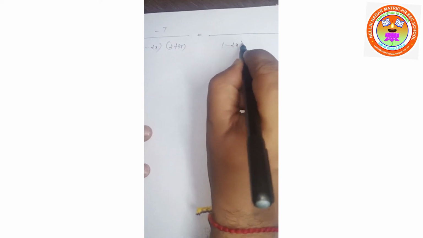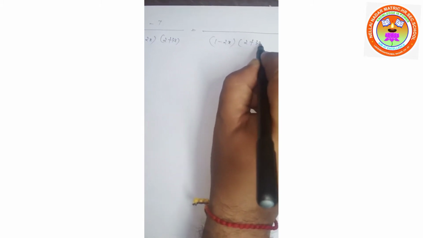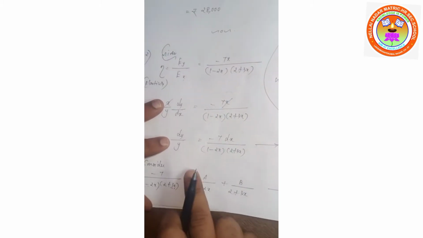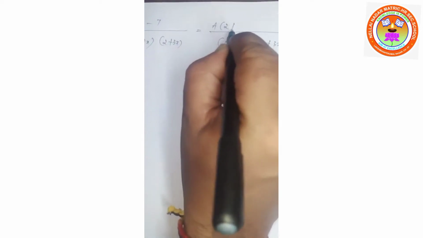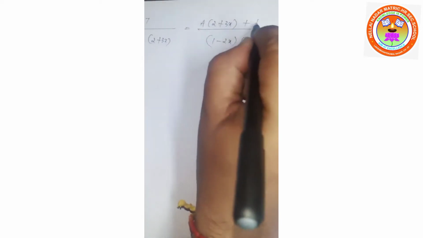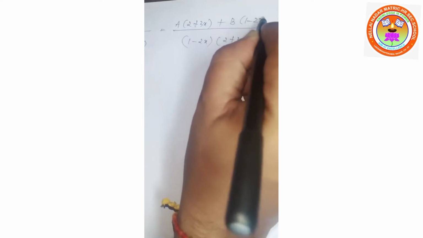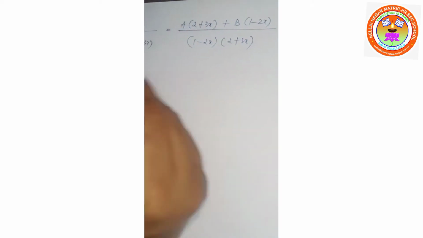Now cross multiply: a into (2 plus 3x) plus b into (1 minus 2x). Now you can cancel these two.